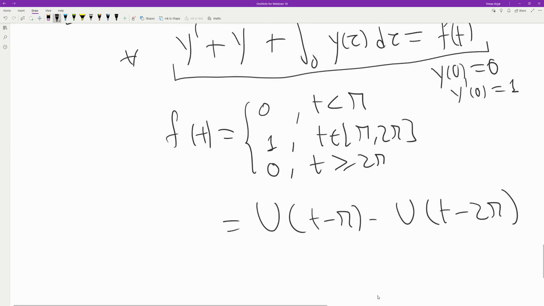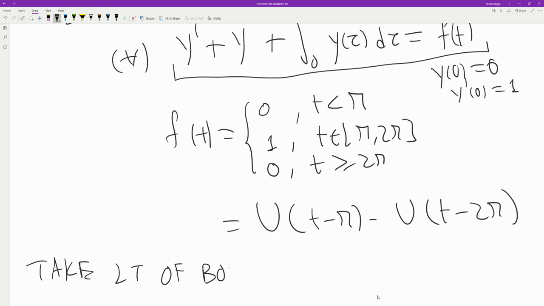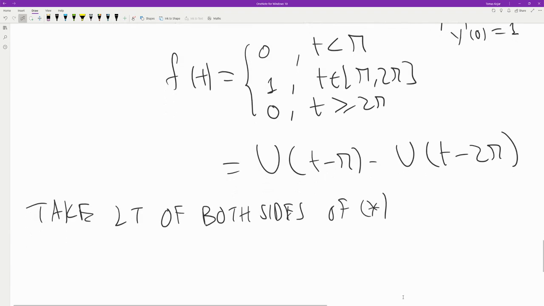Okay, good. So the tricky part here is this integral operator. So call it star and take the Laplace transform of both sides of star. Good. Let's see what happens.